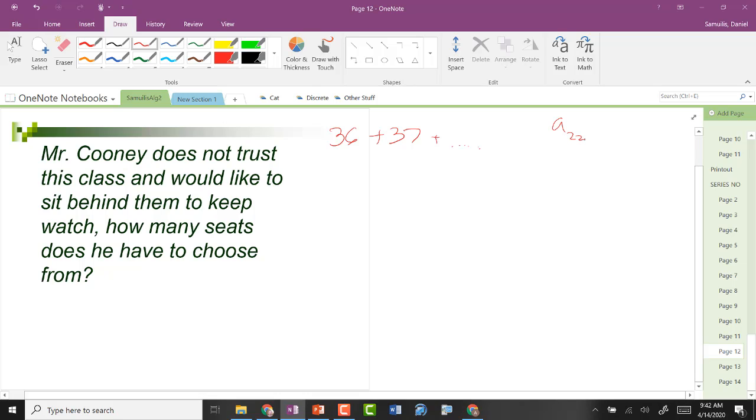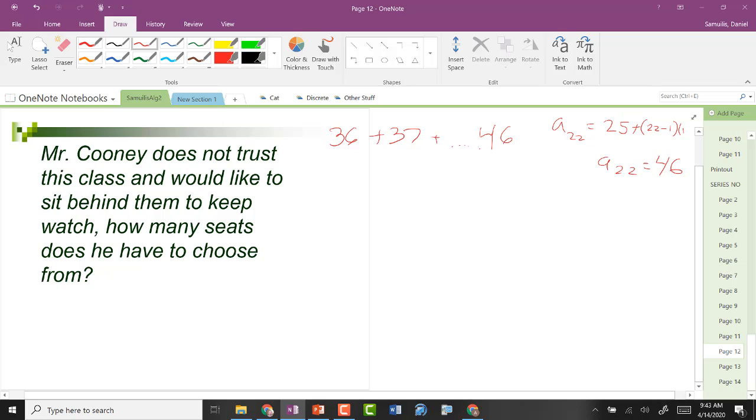I want to know what the 22nd term is, where I know that my first row was 25. I want to know what the 21st row is, so basically I have 25 plus 21. That gives me the number of seats in the 22nd row, which should be 46. That's the A sub n term, 46.